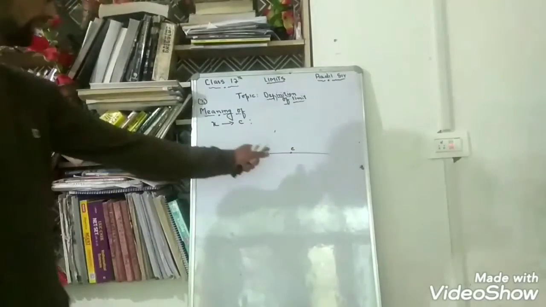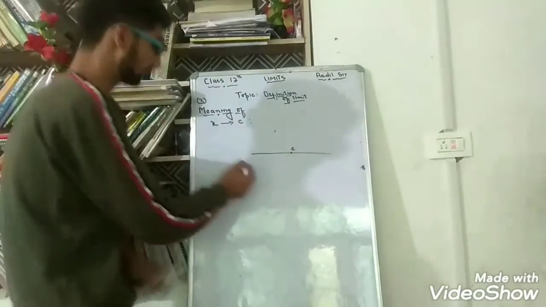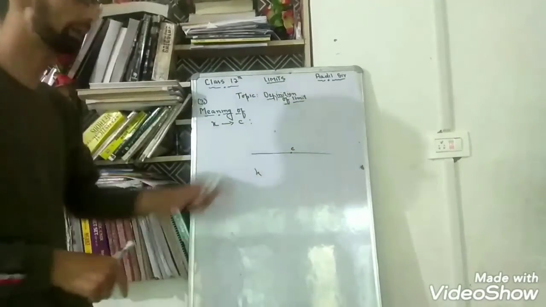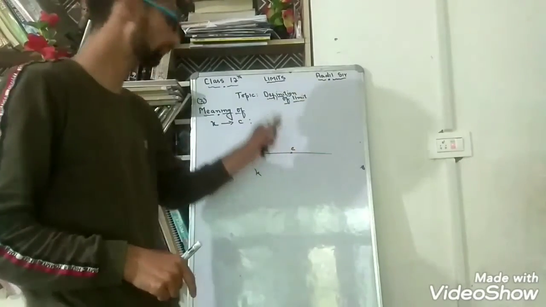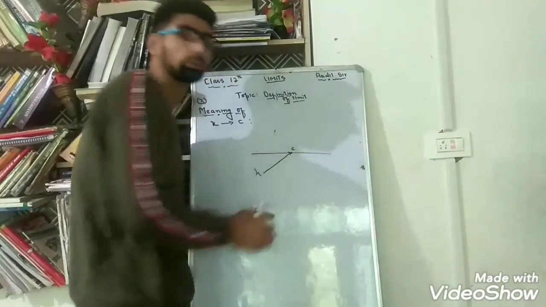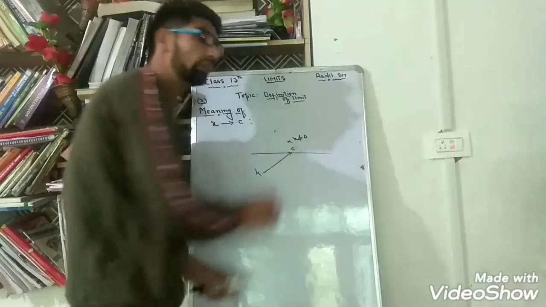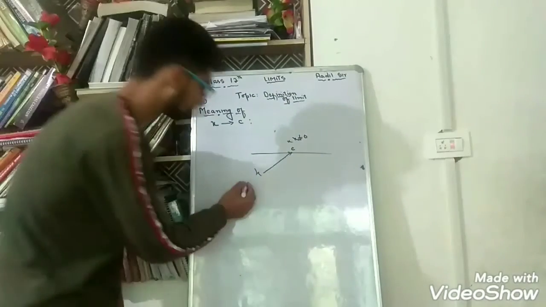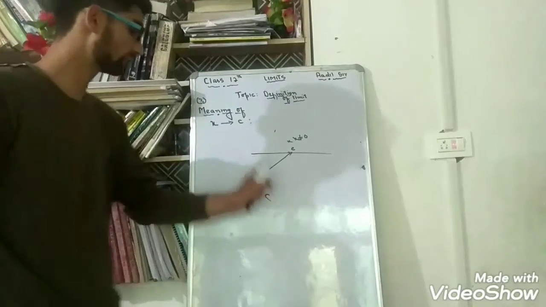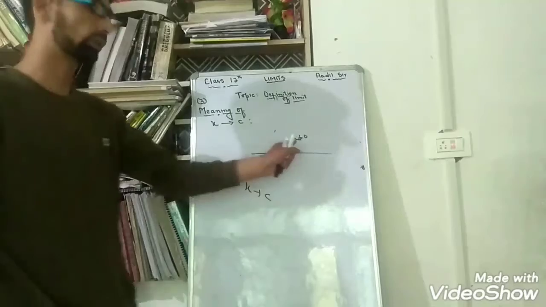If we have a point c, and the values of x are very close to this c, but not equal to c, then we say that x tends to c. So x tends to c means the values of x are close to c, but not equal to c.